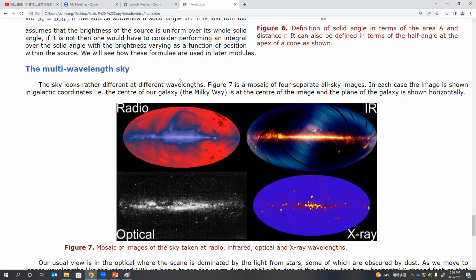However, if you focus on science, not being beautiful is sometimes not a problem. We are working on science. Sometimes we give up the beauty, but we can get more results from our small telescope.